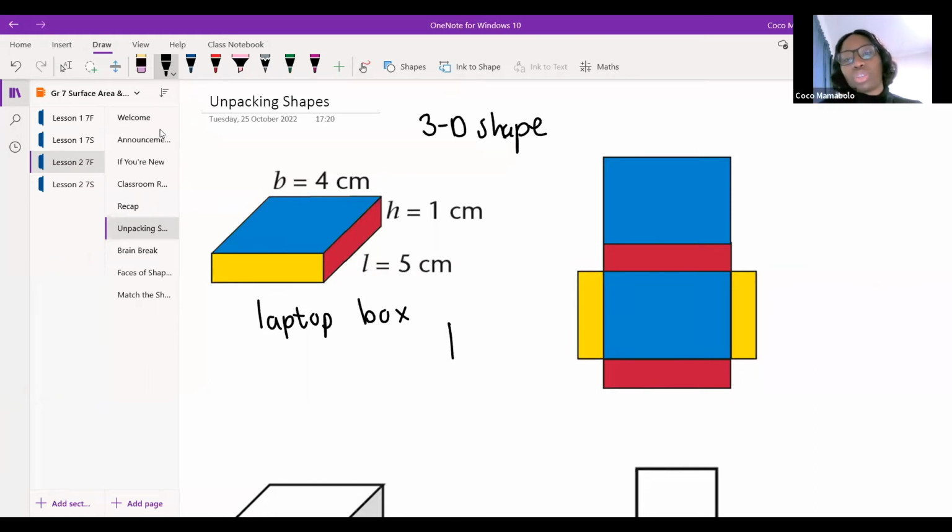So when I draw a 2D shape, how many sides of my shape am I seeing? Bokang says 4. Good. There are 4 sides. 1, 2, 3, 4 sides to my shape. Now let's look at this 3D shape that we've got over here.